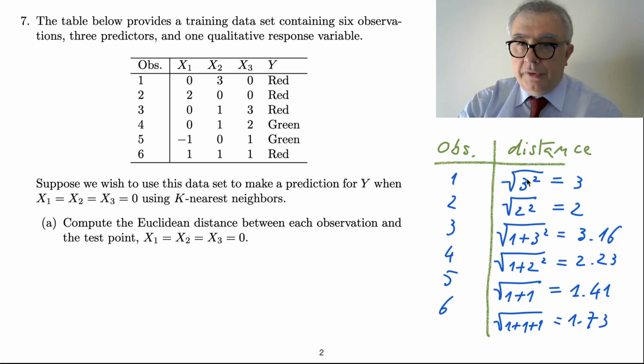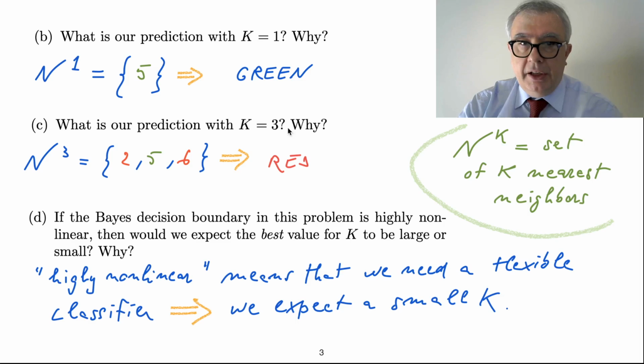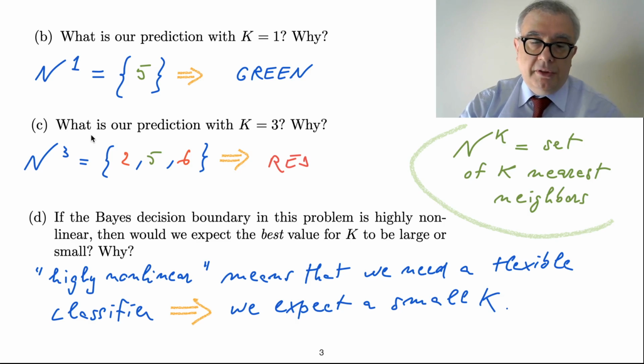So which of these observations is closest to the origin? As you can see, it is 1.41, so it is the fifth one, which is green. I call N_k the set of k nearest neighbors, so this is a set of k elements. Here k is equal to 1, so one element, this is 5, it is green, and so this is the answer.